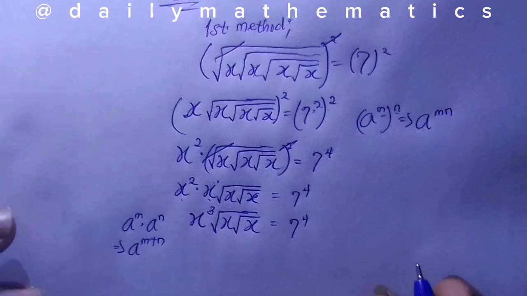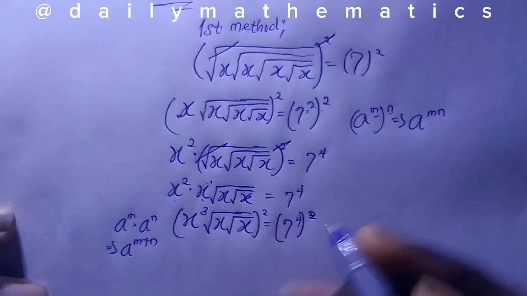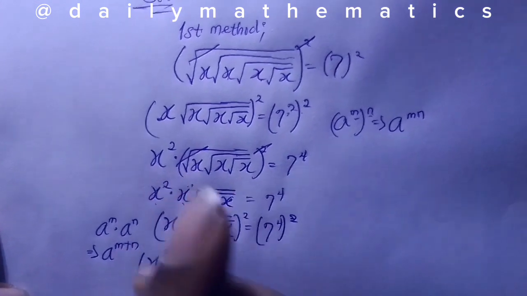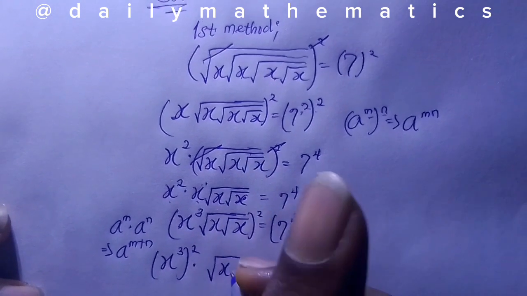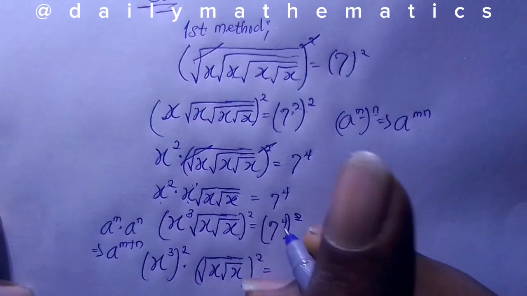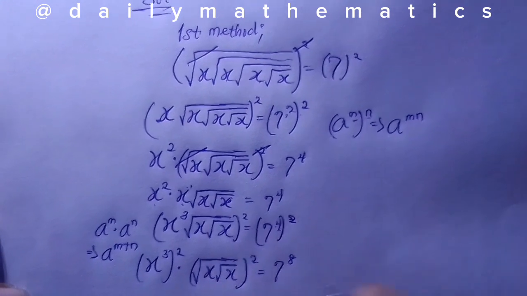Now we do the same thing. We square both sides. So from here, we have x cubed squared multiplied by root x squared equals, and here we multiply the powers, 4 times 2 is 8, 7 raised to the power of 8.